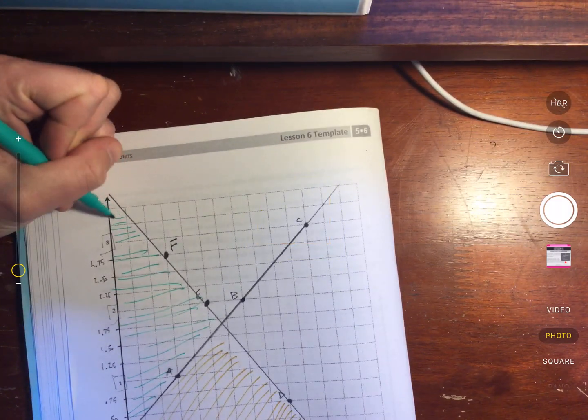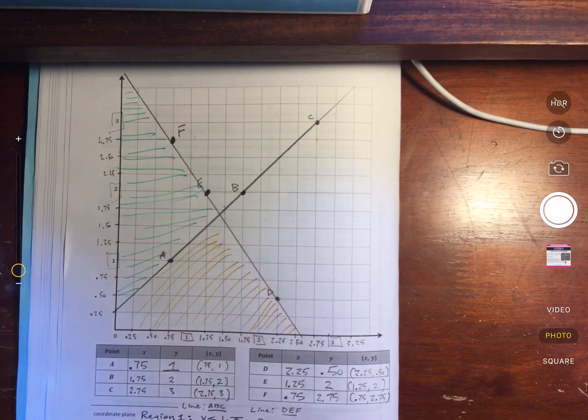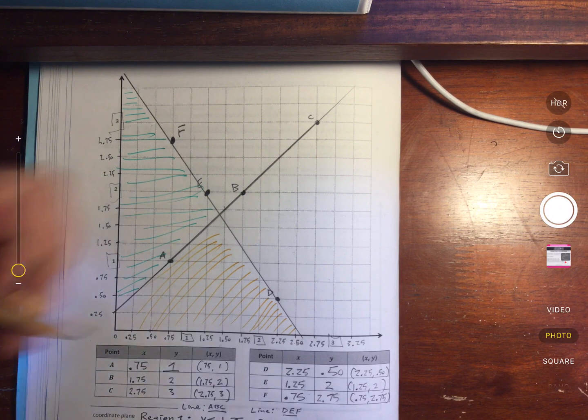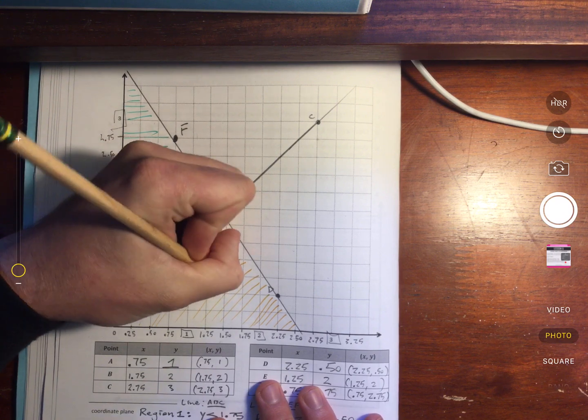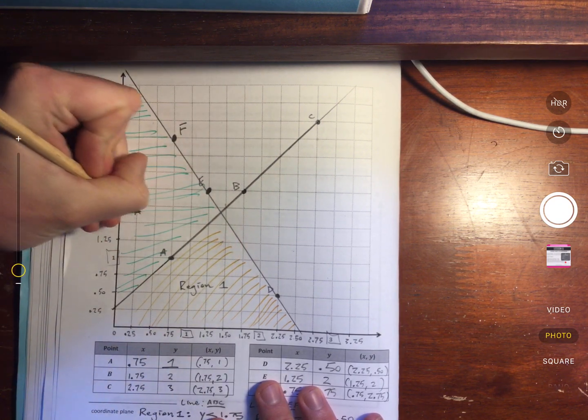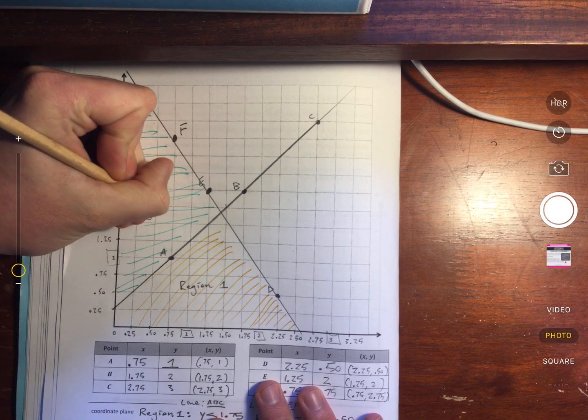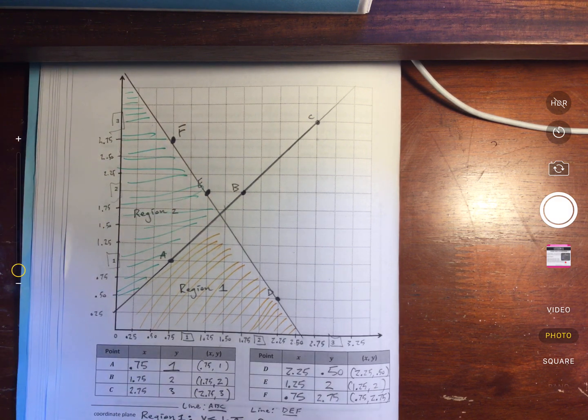Okay, keep going. All right, and so that is going to be our region 2. Okay, so just to show, it's going to be region 1, and then that right there is going to be region 2. Okay, so I'm going to pause the video right now.